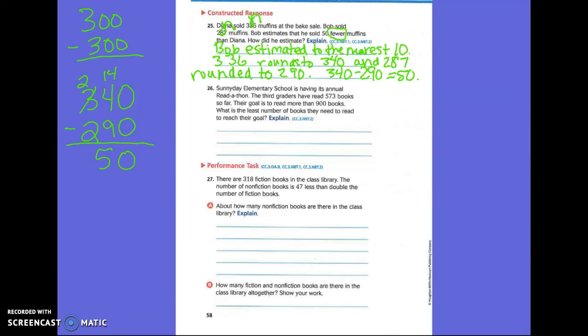What is the least number of books they need to read to reach their goal? Okay, right now they have 573. They want 900. How are we going to find out how many they need to get to 900?